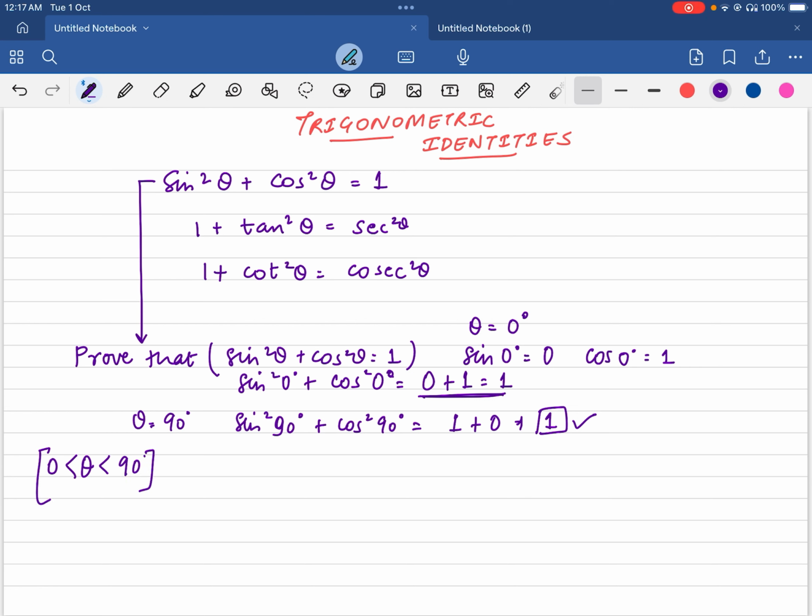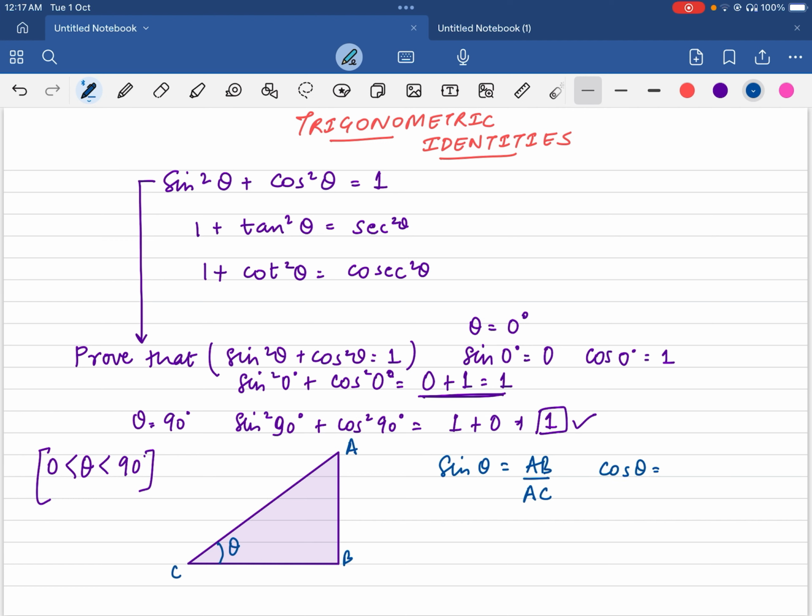I'll make a triangle for you. Just look at it. Let's take this angle as theta, and the vertices A, B and C. So sine theta will be AB upon AC, opposite over hypotenuse.